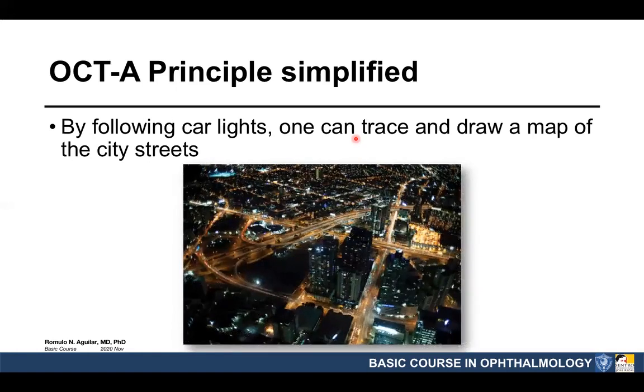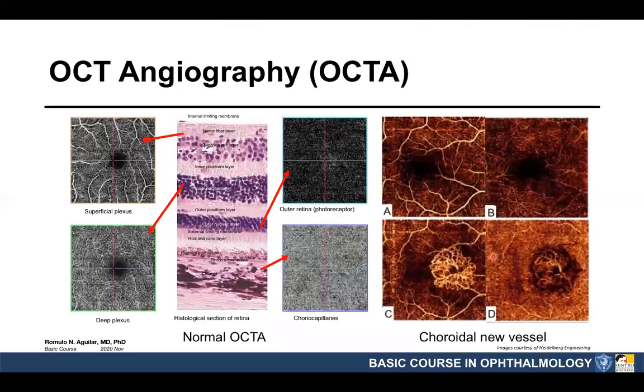Just imagine the building lights are off and the cars are still traveling. You can now reconstruct the city streets just based on the headlights of the cars that are traveling. Similarly, that is the principle behind OCT angiography. You follow the reflectance of the red blood cells, and thereby you can reconstruct the blood vessels, like so.